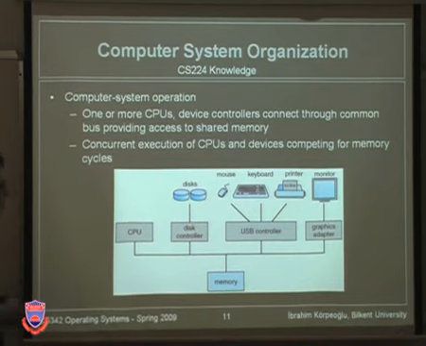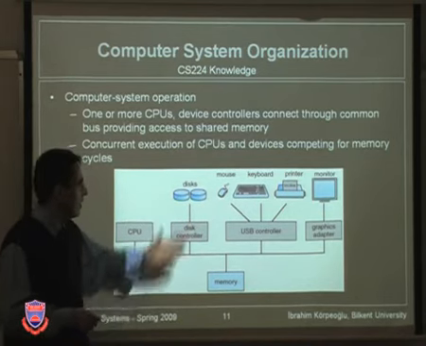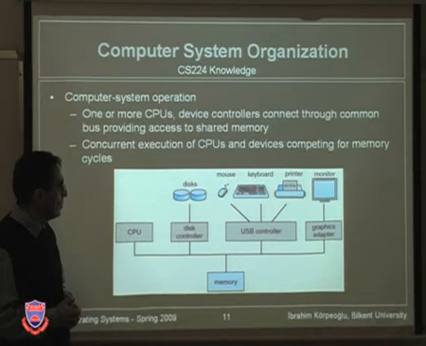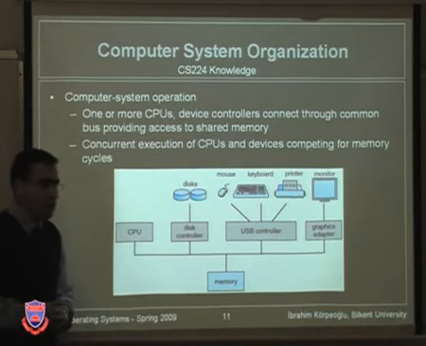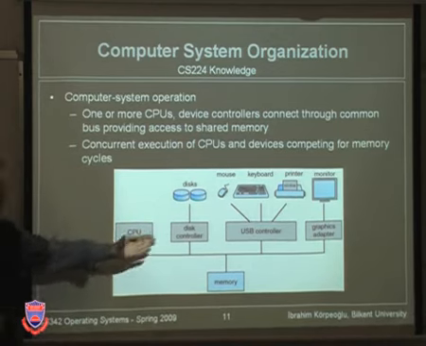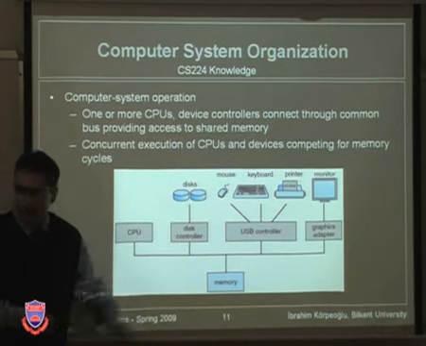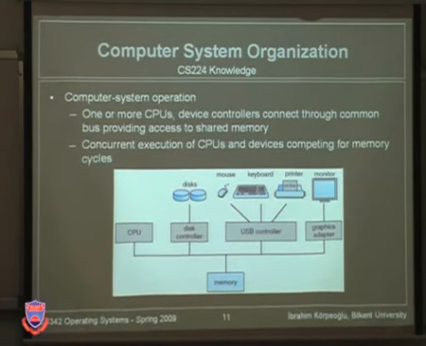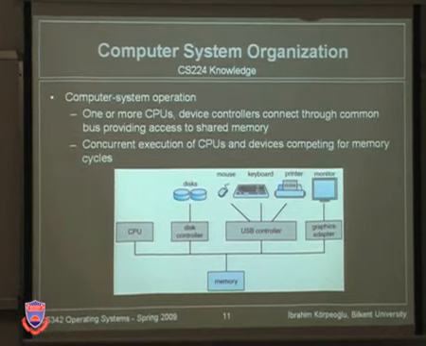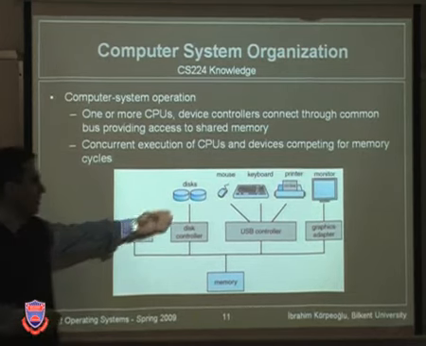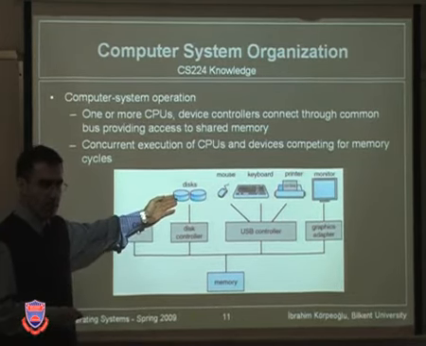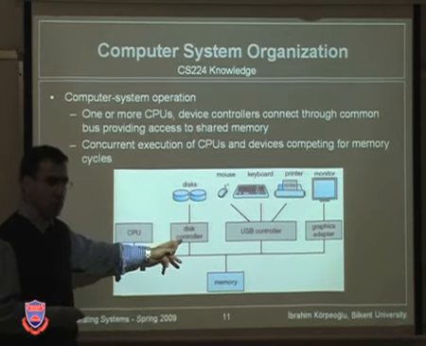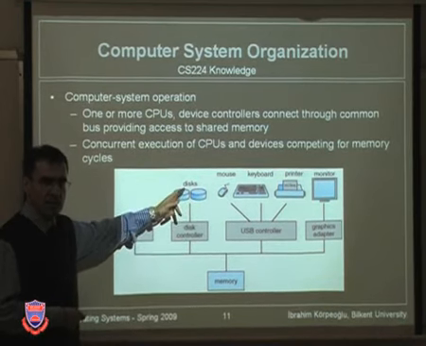For each device, which can be a mechanical device, for example a keyboard, a printer, or a hard disk, we also have a device controller. A device controller is a chip that controls the device, that knows how to deal with the device and how to talk to it. So the CPU can interact with the device controller here, but not with the device directly.